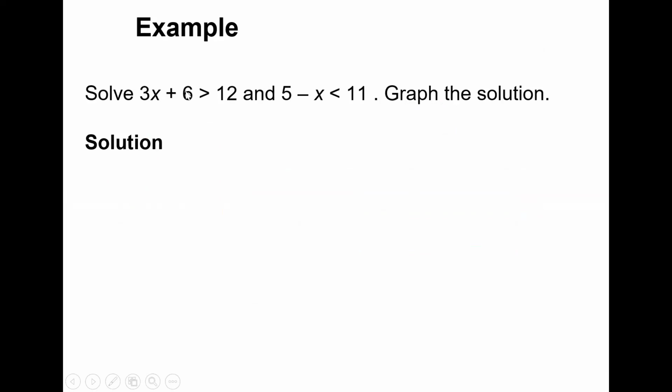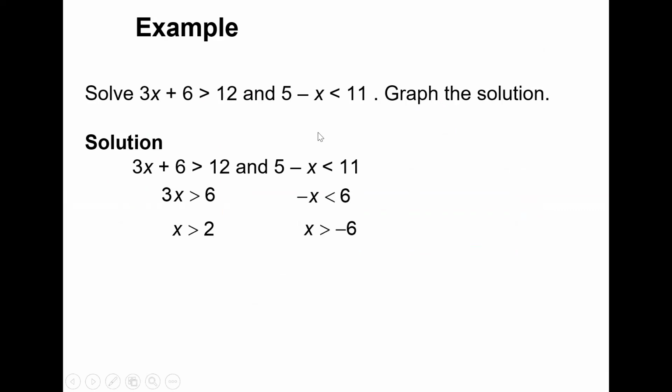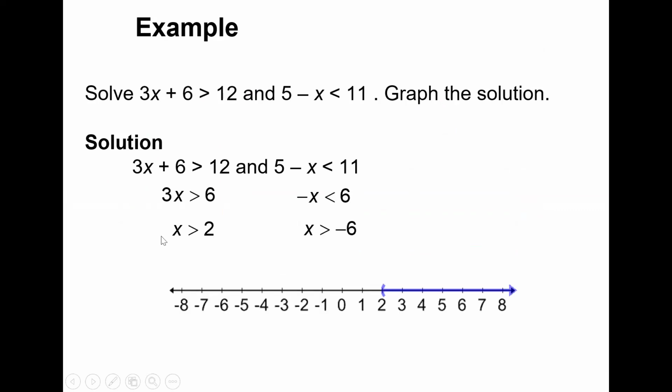All right, so here we're supposed to graph the solution again. This is "and", so it has to be in this one and this one. Since they can draw a better line than me, I'm just going to go with that. Basically, we solve for x: we subtract 6, and then we divide by 3, so x has to be greater than 2. Here, this one kind of depends. There's two ways to go about it.